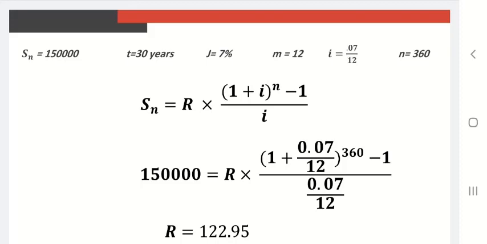In the formula S sub n equal R times 1 plus I to power n minus 1 over I, we can get 1 plus I to power n minus 1 over I, then we divide $150,000 over 1 plus I to power n minus 1 over I to get R, which is equal 122.95.